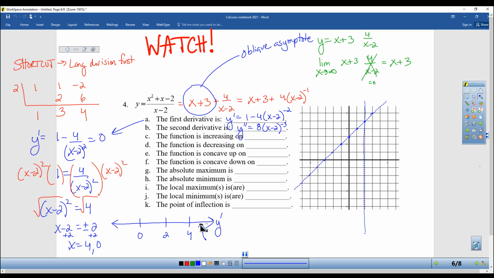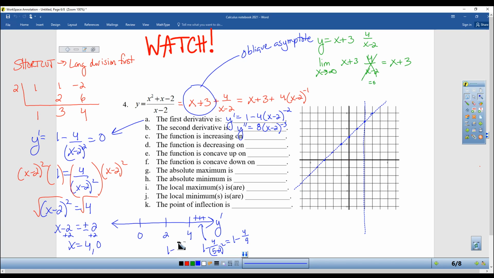If I pick a number like 5, I get 1 minus 4 over 5 minus 2 squared. This is not intuitively obvious whether it's positive or negative. So I usually simplify it just enough, and then I can see, oh, 1 is bigger than 4 ninths, so it's going to come out to positive. I still don't finish it, but at least I can do that much.